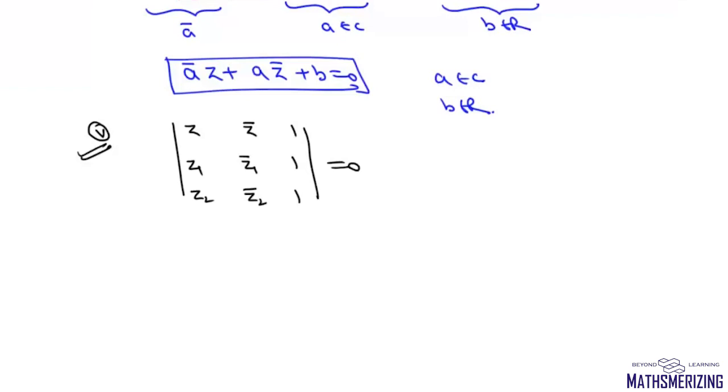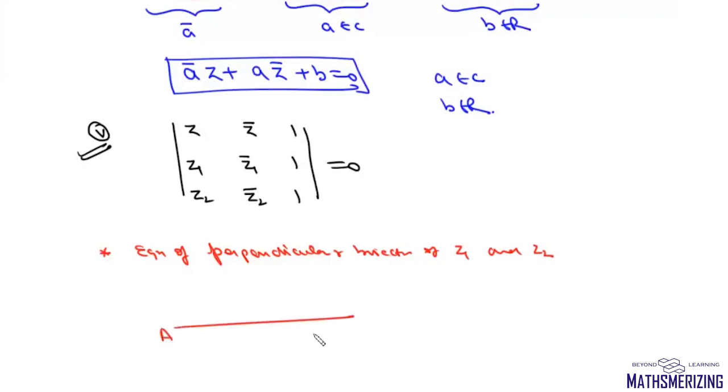Now there is another equation which is very important in straight lines, and it is the equation of the perpendicular bisector of z1 and z2. So suppose we have two complex numbers a and b which are represented by z1 and z2, and we have to write the equation of this perpendicular bisector line.